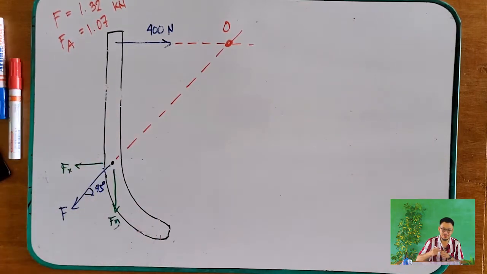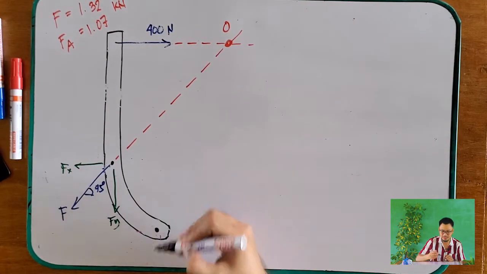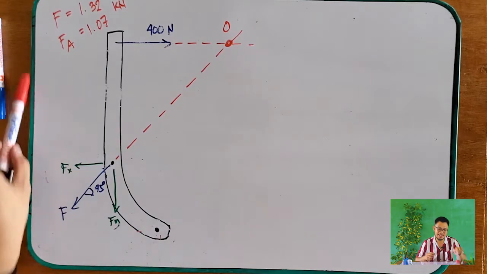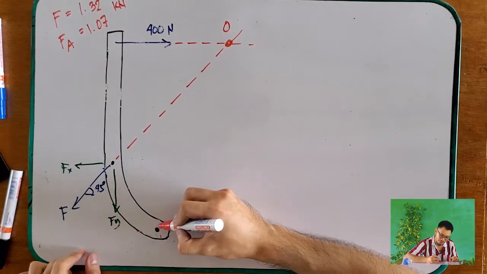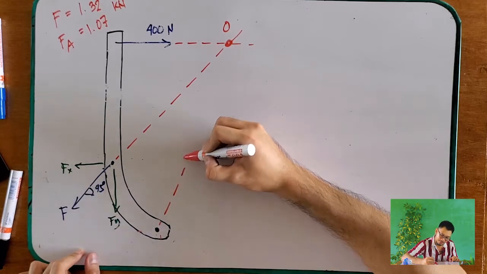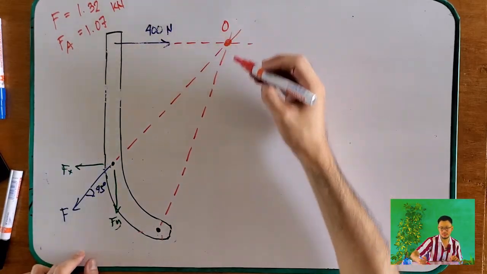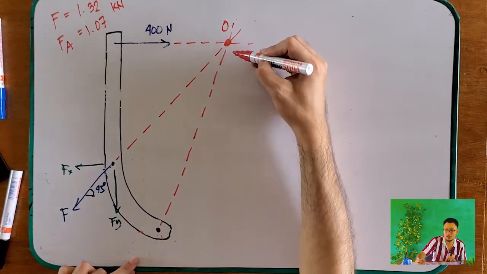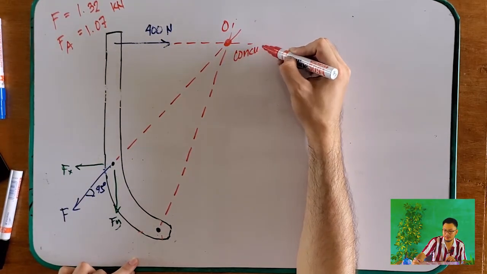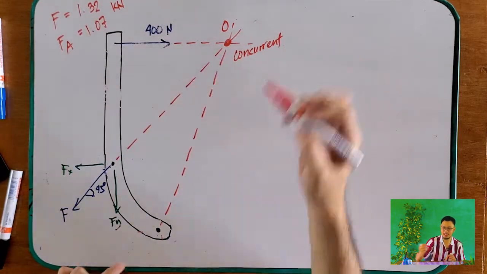And since your third force is applied at this point right here, you can say that the direction of your third force should be going in this direction as well. They should be concurrent at this point. Okay?